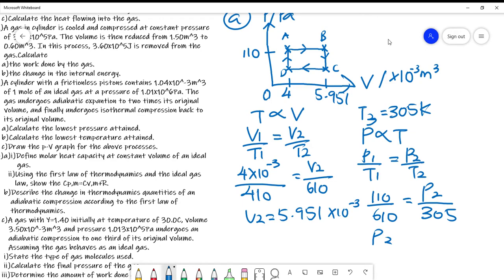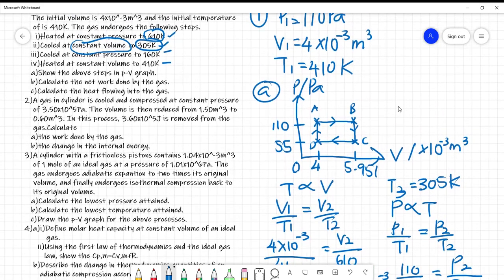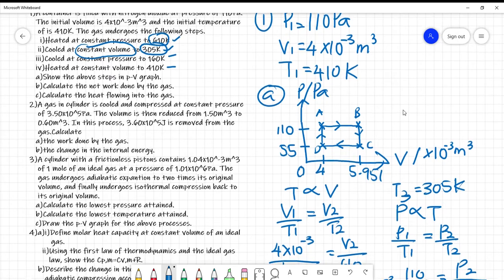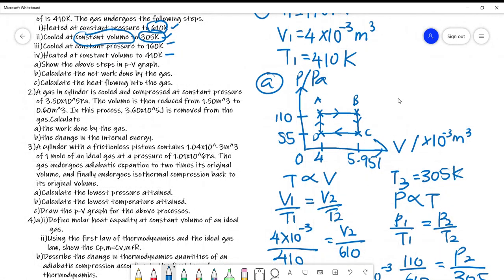So what we get is 55 Pascal. So I can conclude here that it is 55 Pascal. Okay, so we have done all the values that we need to find.